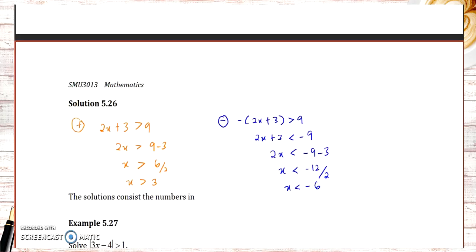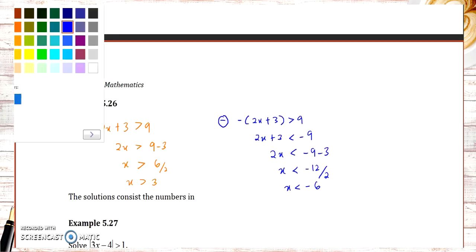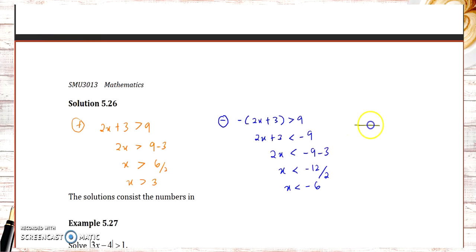So from the number line, we can see the area that satisfies these two inequalities. First we have negative 6 and then 3. For the first interval, all x less than negative 6, so all x on the left hand side of negative 6.